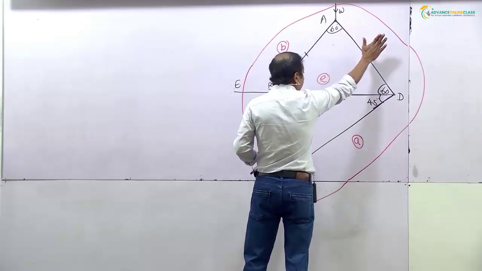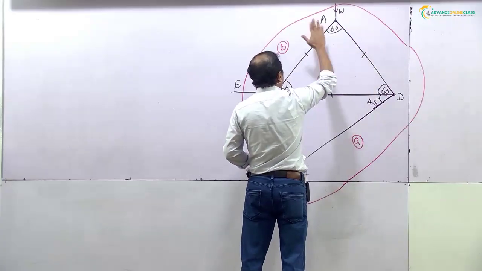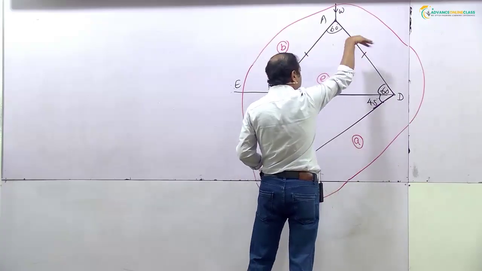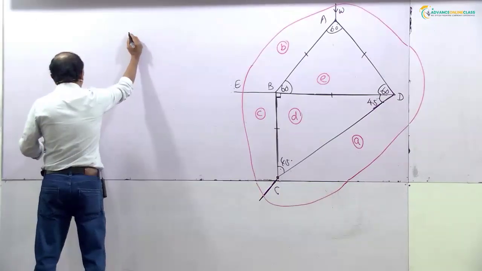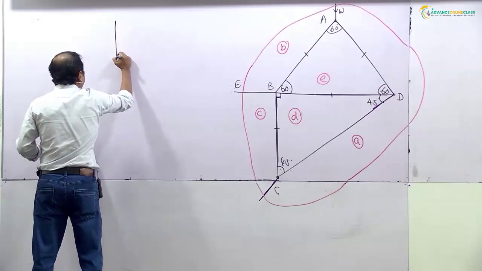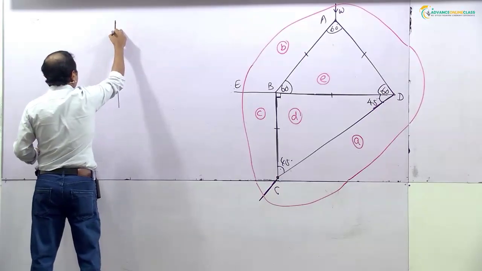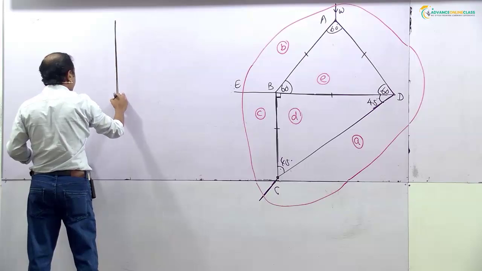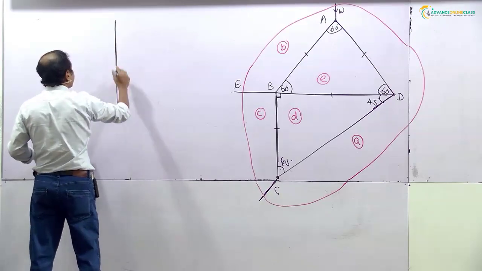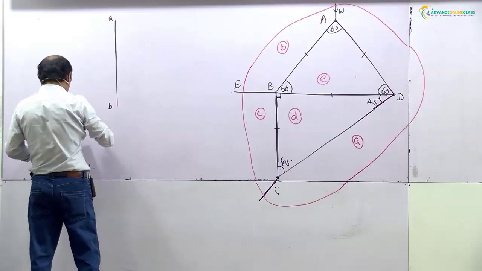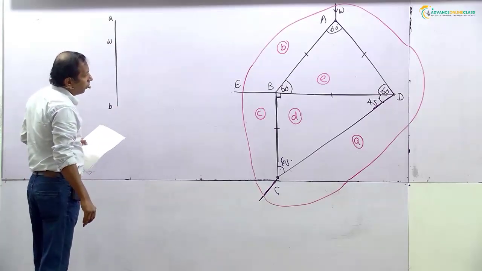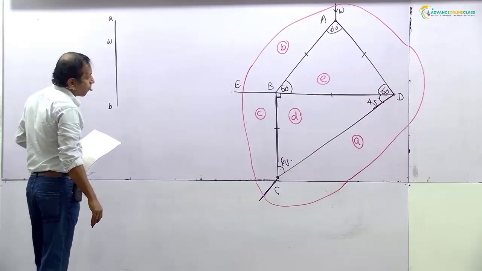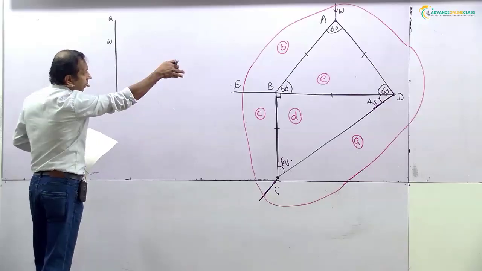Then this is A, B downward W, B, E this way, E, A this way. A, B downward, this way. Here A, here B. This is W. Now BE is parallel to AB.